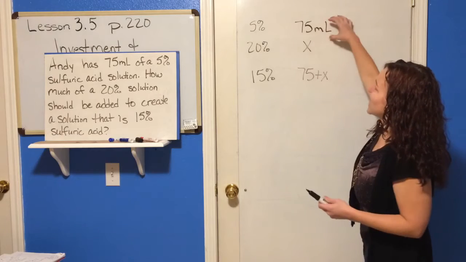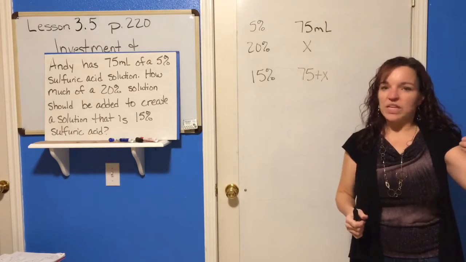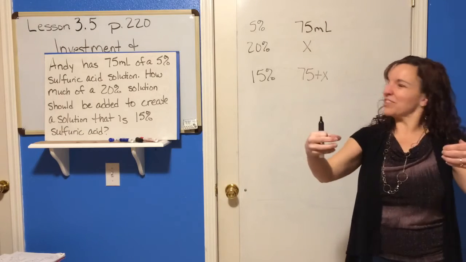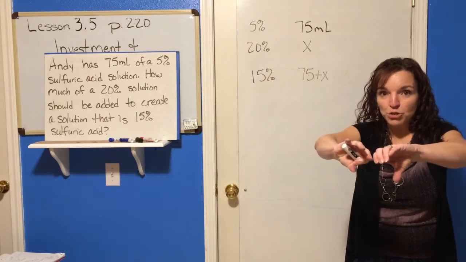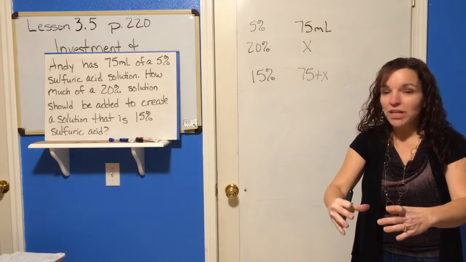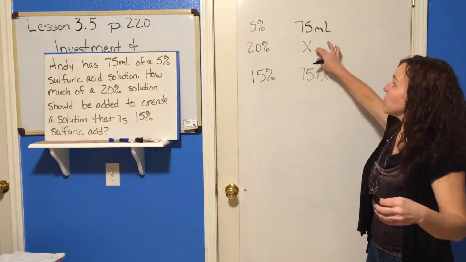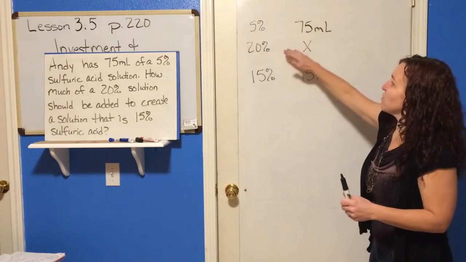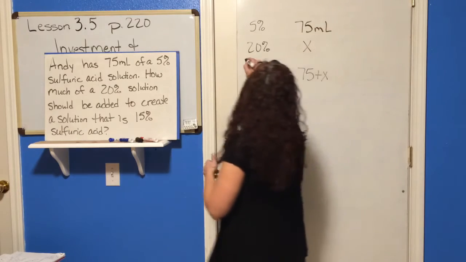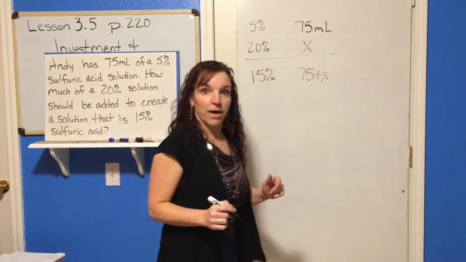Because what we're doing is we're taking 75 milliliters of this 5%, and we're taking this many milliliters of 20%. We're mixing it together into a larger beaker. And so this larger beaker is going to have this amount plus this amount. So this amount plus this amount should equal this amount, right?